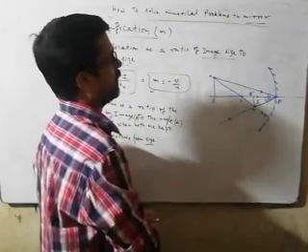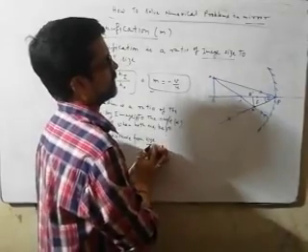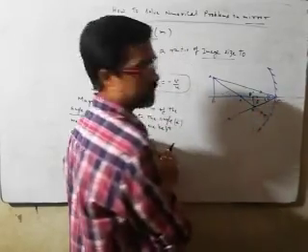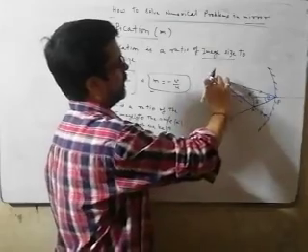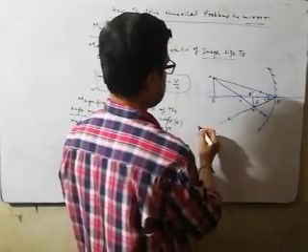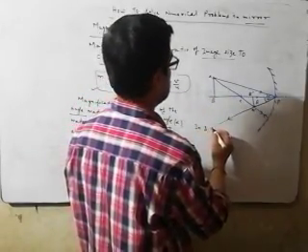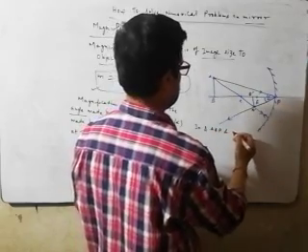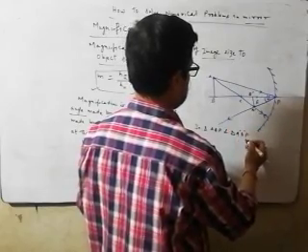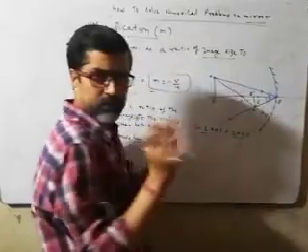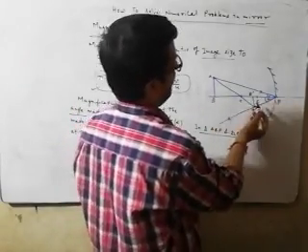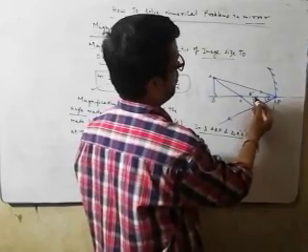Here we will take two triangles, ABP and A dash B dash P. In these two triangles, this vertical angle is 90 degree, and for this also it is 90.